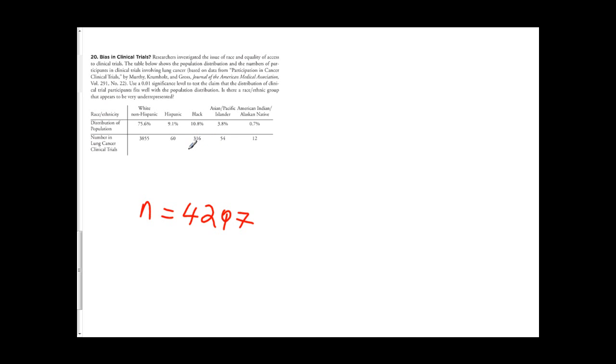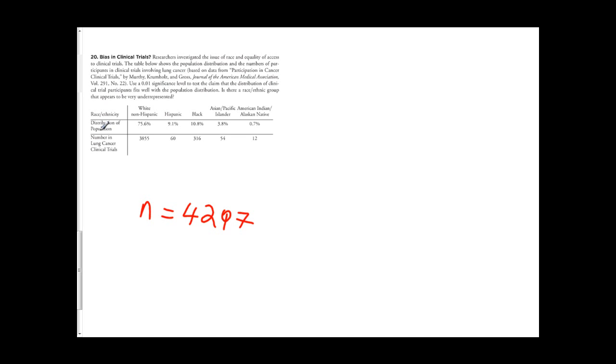So therefore, here we have the observed distribution. What we're going to do is have a test to see if our observed distribution matches up with our expected distribution. And the expectation would be that the observed distribution would match the general population.